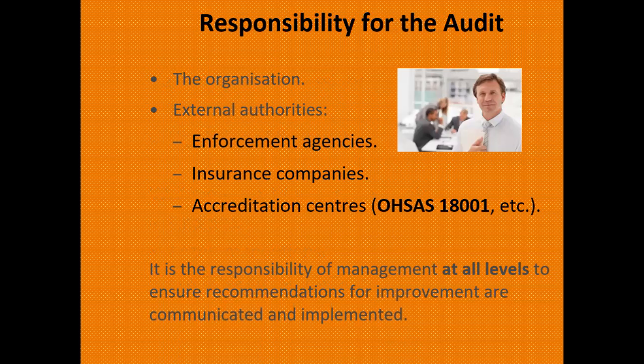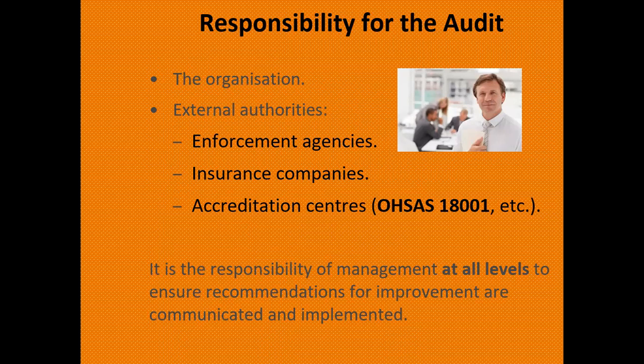Next we have the responsibilities of the organization and external authorities. One is the organization which is being audited, and the second is the external authorities, the auditors who are going to audit the workplace. These include enforcement agencies, insurance companies, and accreditation centers, the organizations approved for OHSAS 18001 or ISO 45001.